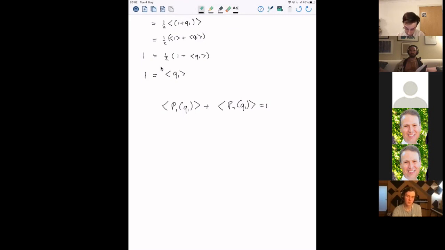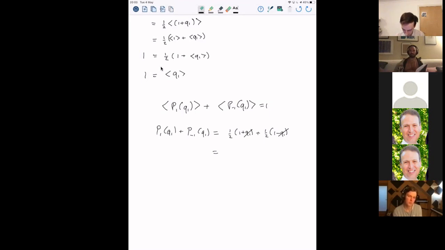And the way to do this is by first noting that if we look at P1 of Q1 plus P minus 1 of Q1, well, this is per definition equivalent to a half times 1 plus Q1 plus a half times 1 minus Q1. And when we add these two together, we see that we can cross out these terms because they're equivalent up to a minus sign.